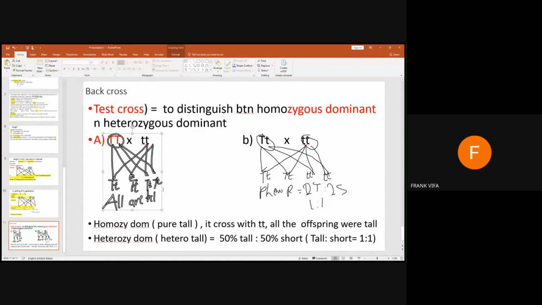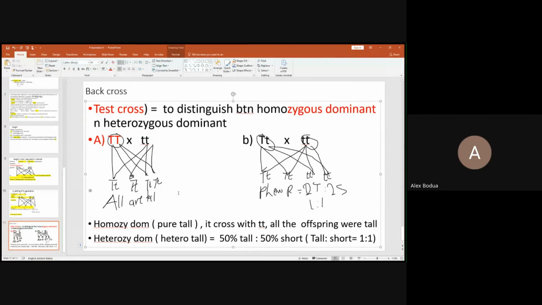All of them are capital T, small t. You can only ask of ratio when there are at least two different things. If they are all the same, you can't ask of ratio.